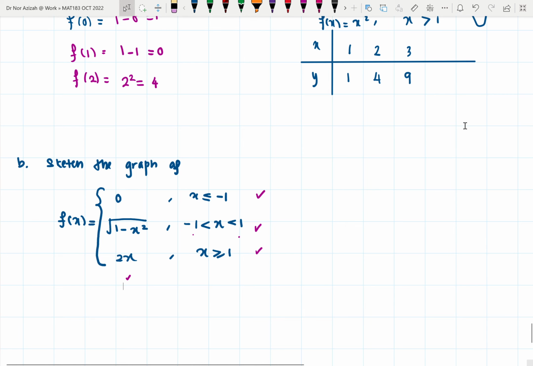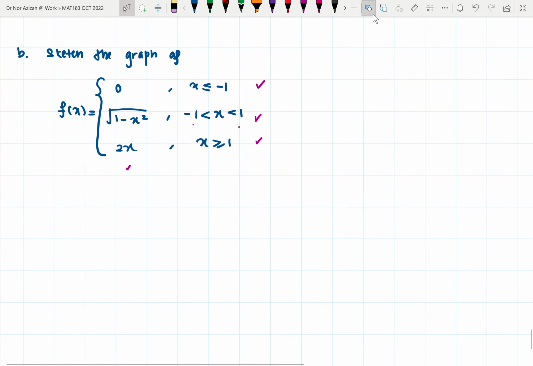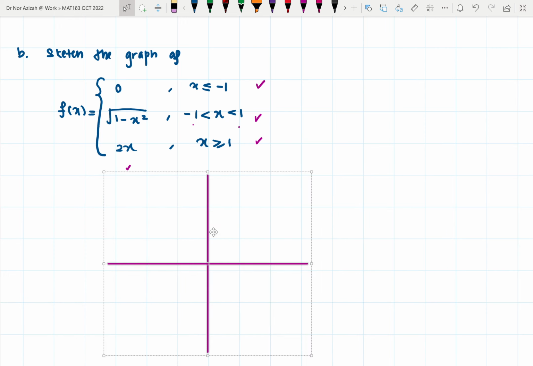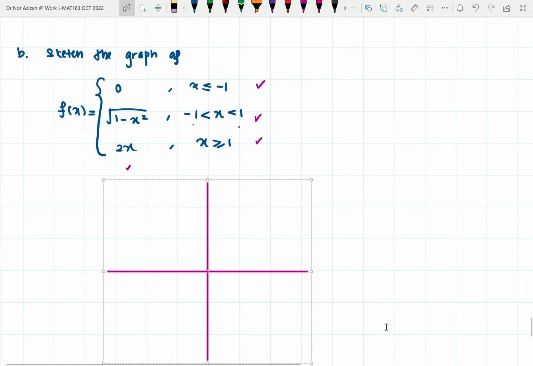Okay, so first, draw a line here. Okay, x equals -1, so put it here, -1.